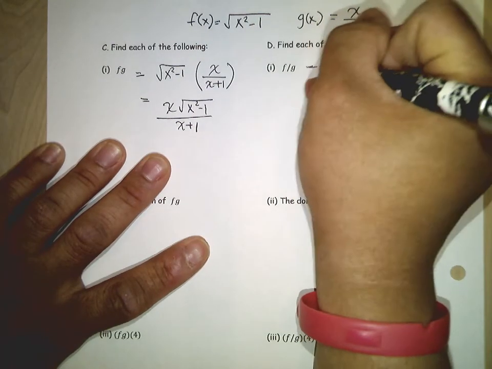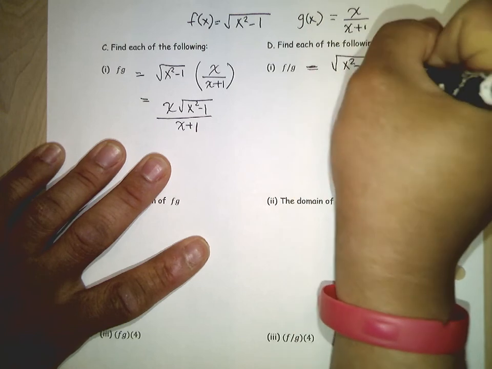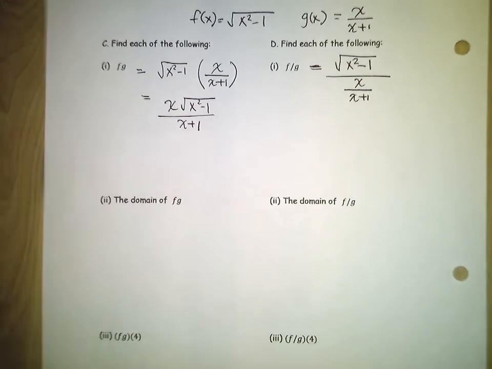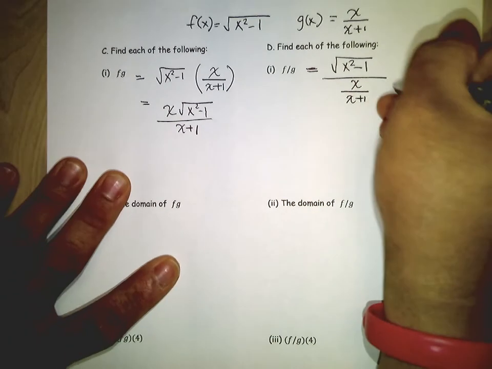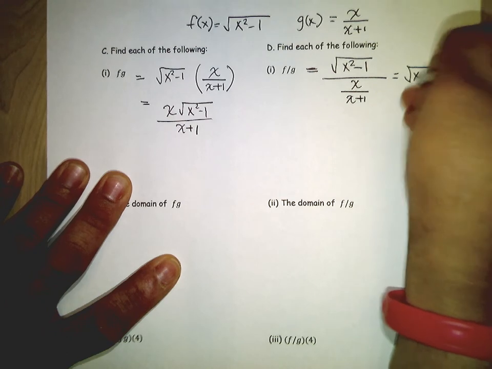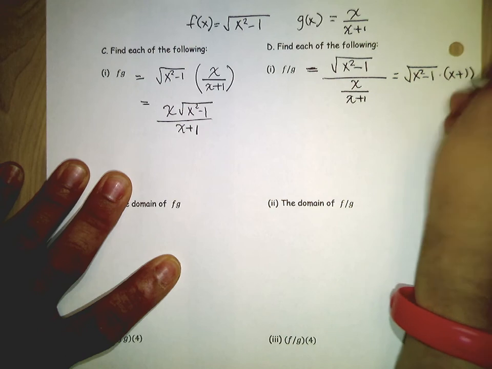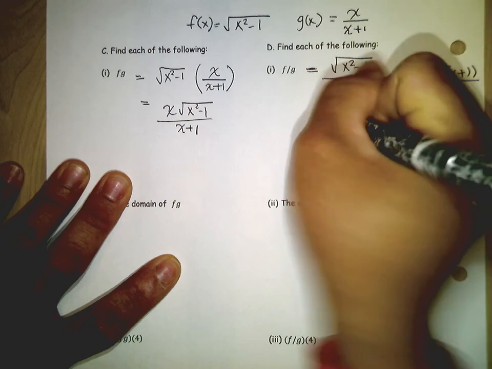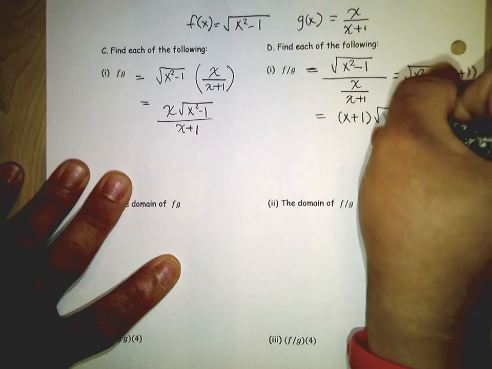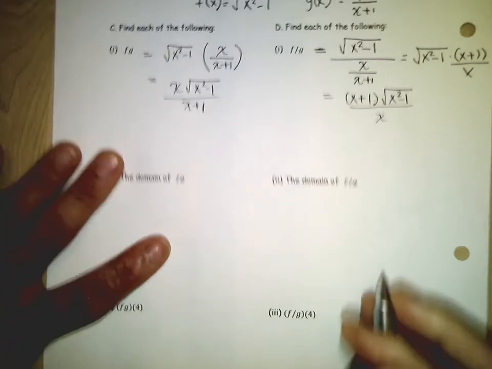So f divided by g, that will be square root of x squared minus 1 divided by x over x plus 1. Now remember that I can rewrite this by multiplying by the reciprocal. Square root of x squared minus 1 times x plus 1 over x. Or again, I can rewrite it with the x plus 1 in front of the square root so that I don't accidentally multiply it with what's under the square root.